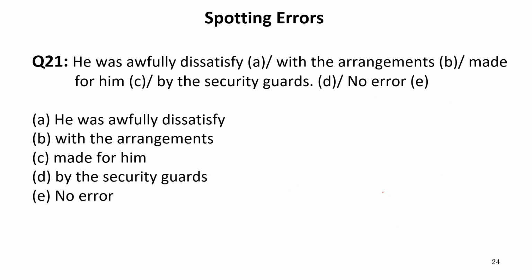He was awfully dissatisfied with the arrangements made for him by the security. Now was is a form of be, past form of be. After past form of be, we can either have verb with ing or third form of a verb. And if it is past form of be and the sentence is in passive, we need third form of verb.